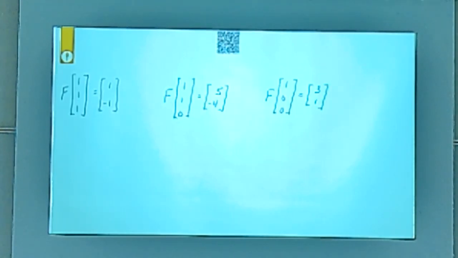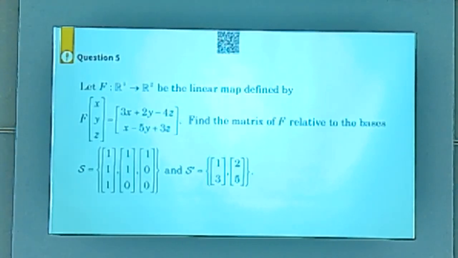What we now need to do is find the coordinate vector for each of those transformations with respect to the basis of the codomain. In this case, S prime. Well, the coefficient matrix would just be 1, 3, 2, 5, right? By columns.